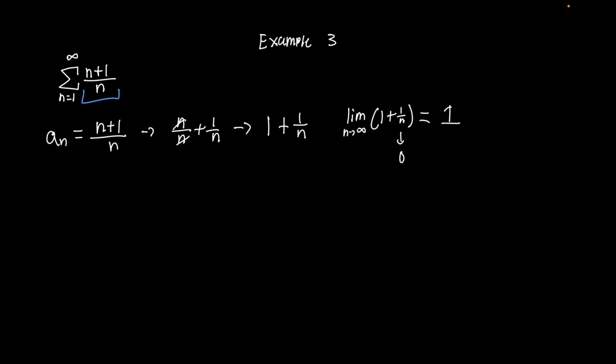Therefore, the limit as n approaches infinity of a sub n is equal to 1. And if you remember earlier, since the limit is not 0, the series diverges by the divergence test. So the series diverges by the divergence test.